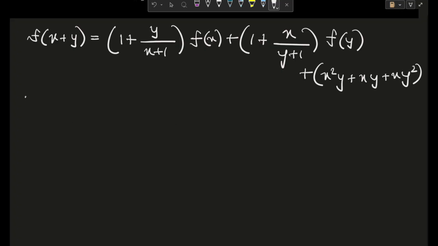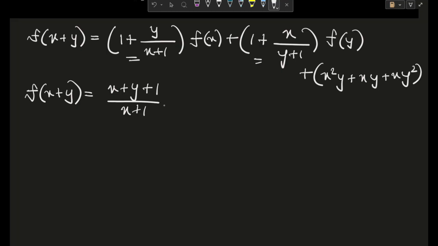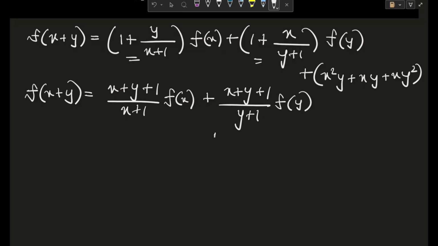So what I am doing is I am taking f of x plus y, writing this originally, and first adding up these fractions. So we will get (x plus y plus 1) whole divided by (x plus 1) times f of x, plus (x plus y plus 1) whole divided by (y plus 1) times f of y, plus x squared y plus xy plus xy squared.